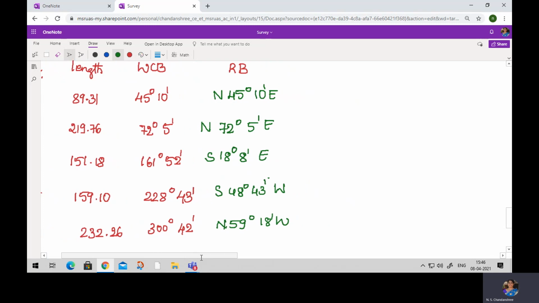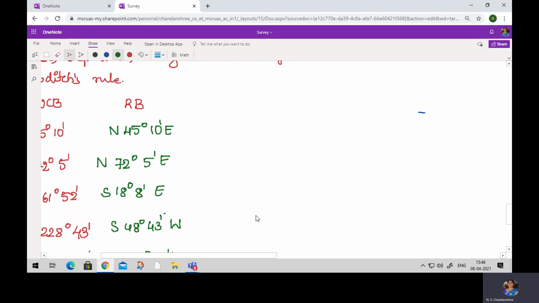Once we calculate the reduced bearing of the lines, our next step is to calculate the computed consecutive coordinates.